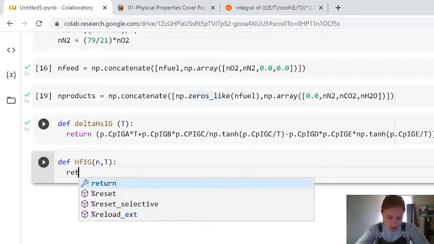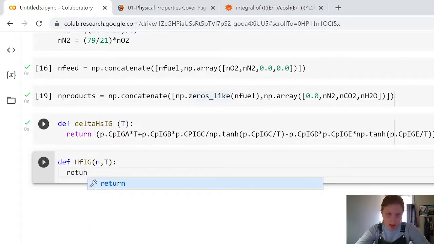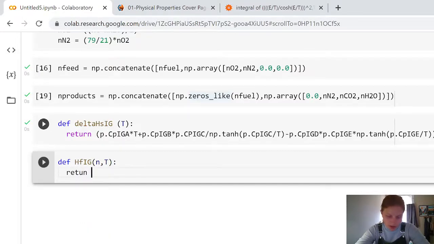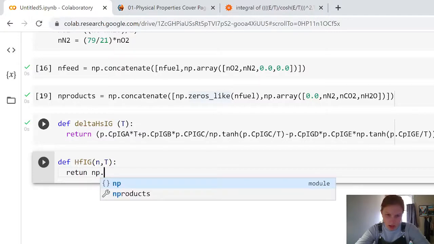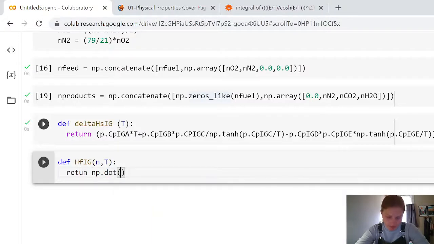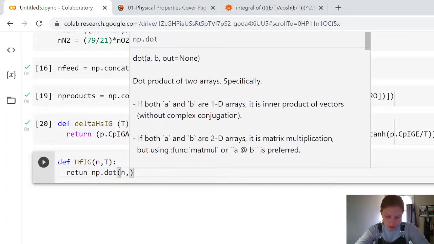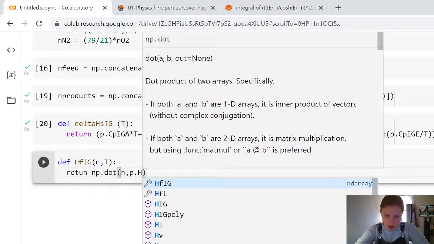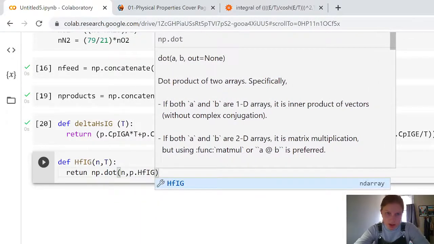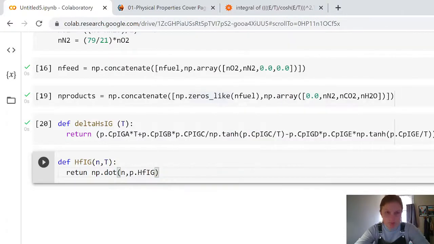We want it to return the dot product of the moles, NP dot dot n comma p dot h g. Okay.